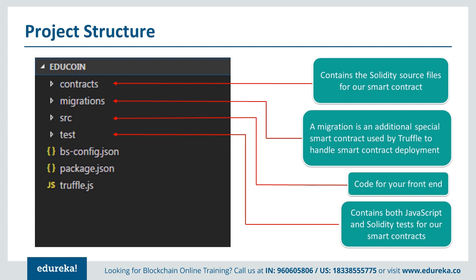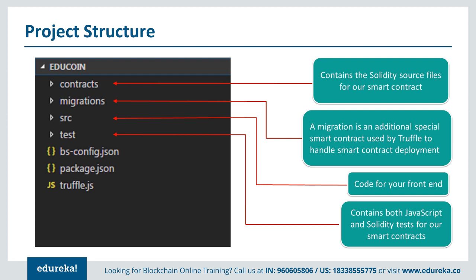Migration is a special folder which has a JavaScript file that helps you migrate your contracts to the Ethereum blockchain. Migration is a special smart contract used by Truffle to handle smart contract deployment. In order to deploy this contract to your Ethereum blockchain, you need to update your migration file as well, which is not the case in Remix because you simply configure it with the RPC address.